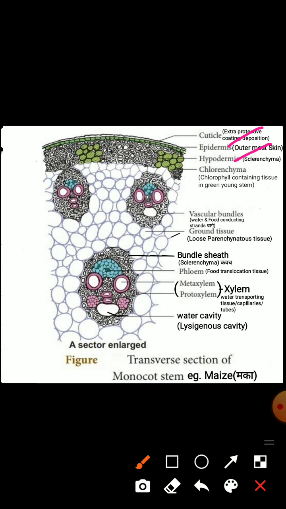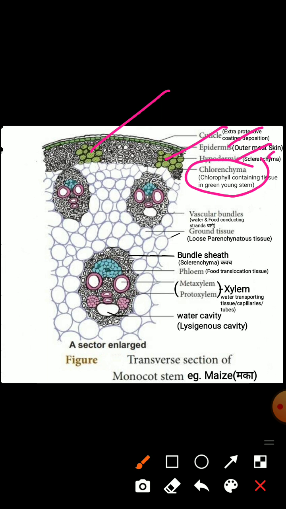The hypodermis is made up of sclerenchyma type of tissue, and when the stem is very green and tender, young, green colored, this hypodermis may show certain photosynthetic cells in certain patches. We call this tissue the chlorenchyma type of tissue.